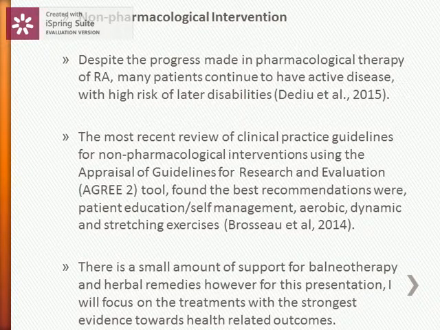Non-pharmacological interventions. Despite the progress made in pharmacological therapy of rheumatoid arthritis, many patients continue to have active disease with high risk of later disabilities.